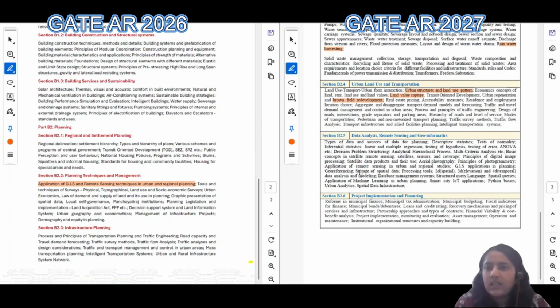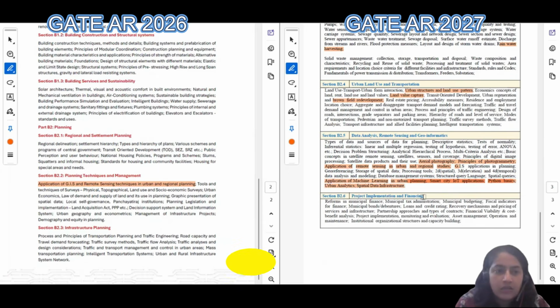Again, it's all detailed out here. ANOVA, then along with that, the upcoming trends as well. You know, various processing tools, aerial photography, georeferencing. Plus your main upcoming trends or fields like ML, machine learning, Python, smart city, Internet of Things application, IoT application, urban analytics, spatial data infrastructure. So all these upcoming trends have been added.